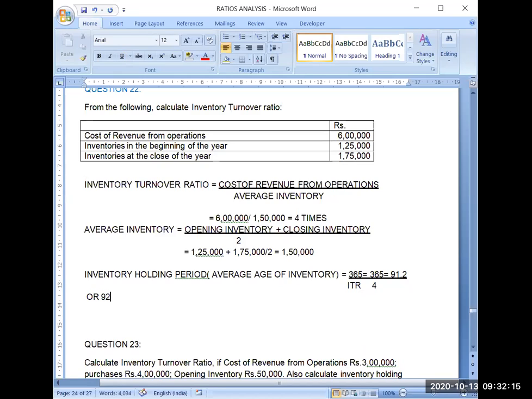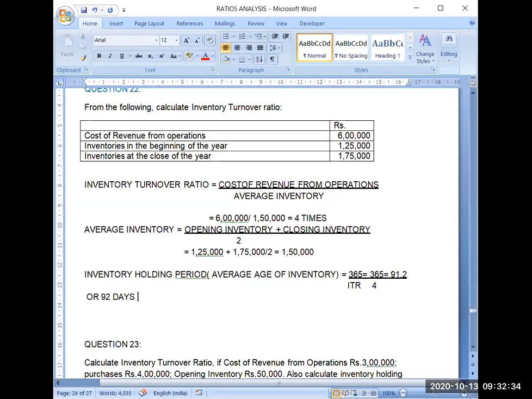So we can round it off to 92 days. But you have to show both of the numbers. First, you will write the fraction 91.2 days, and then you can write 'or 92 days'. So my inventory holding period is 92 days.